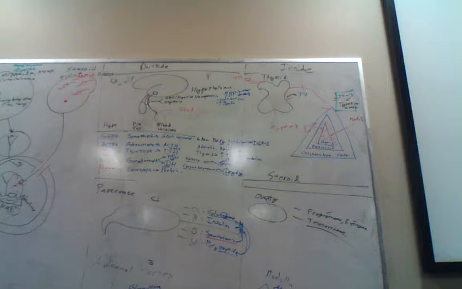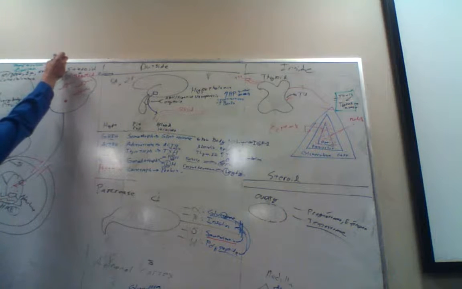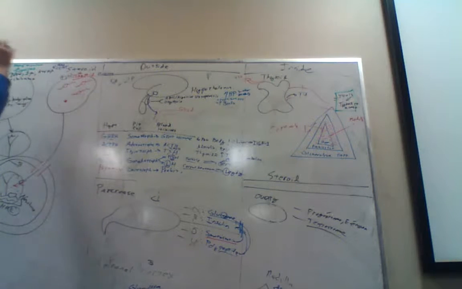Okay, so that was a good thing to bring up. MAO and COMT are things that chew up the epi and the norepi. So MAO and COMT, that's how you break down the epi and norepi and make it stop doing its thing. Is there one specific for one? No. MAO is everywhere, including nerve endings.